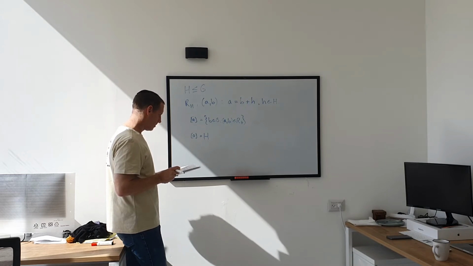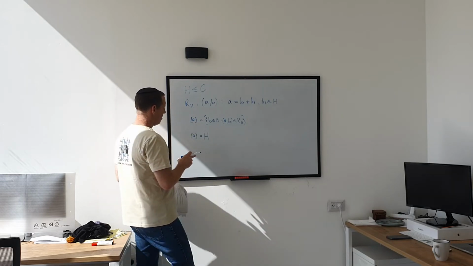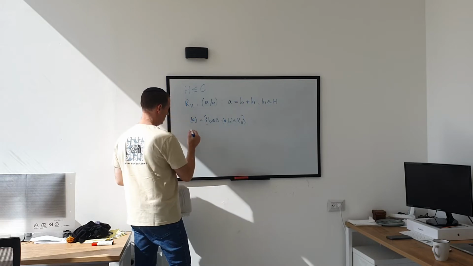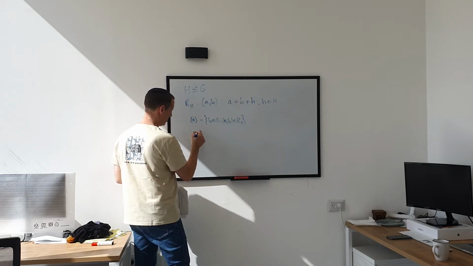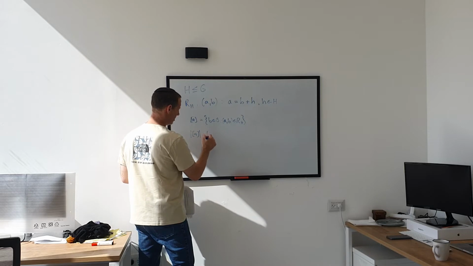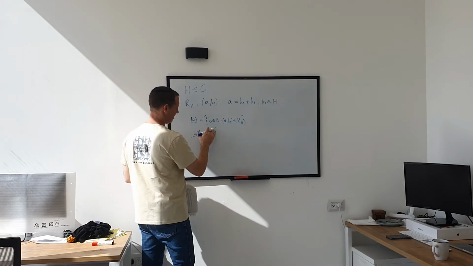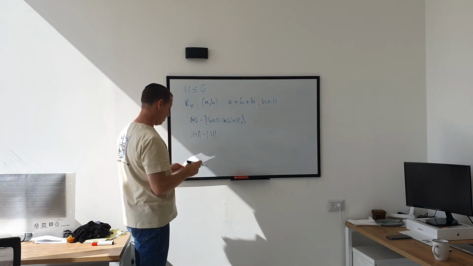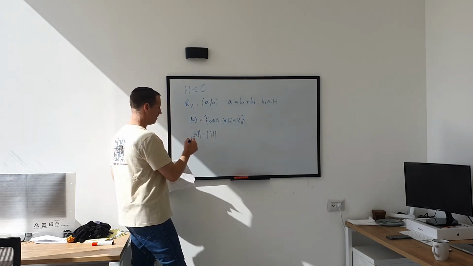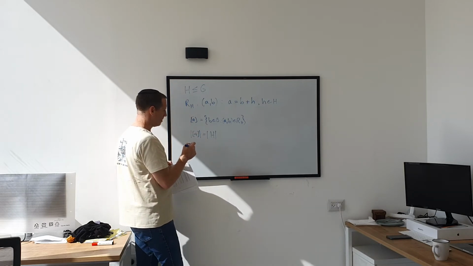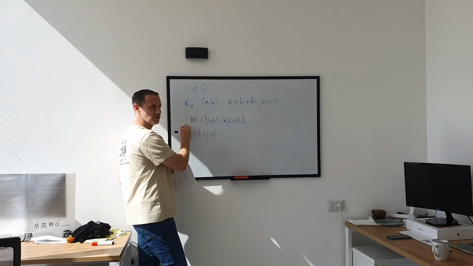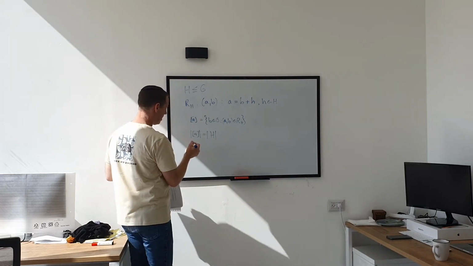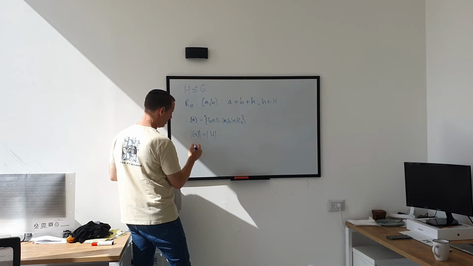Where were we? We said that the size of an equivalence class is the size of H. And then we can talk about how many equivalence classes there are.